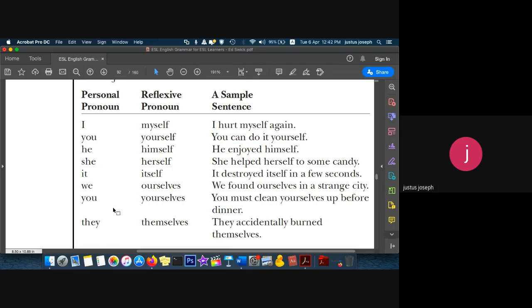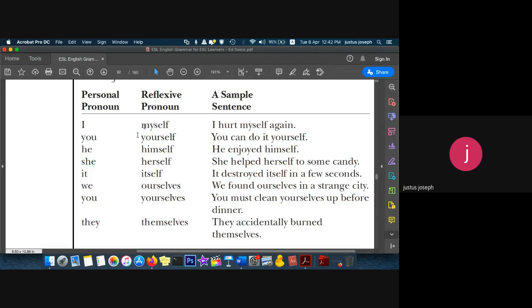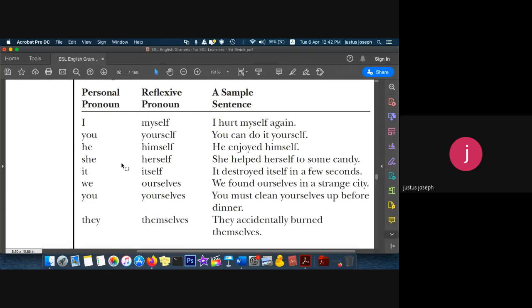So if you're not able to answer, please note these two tables, these two columns, or take a picture and then try to answer using the picture as a reference.